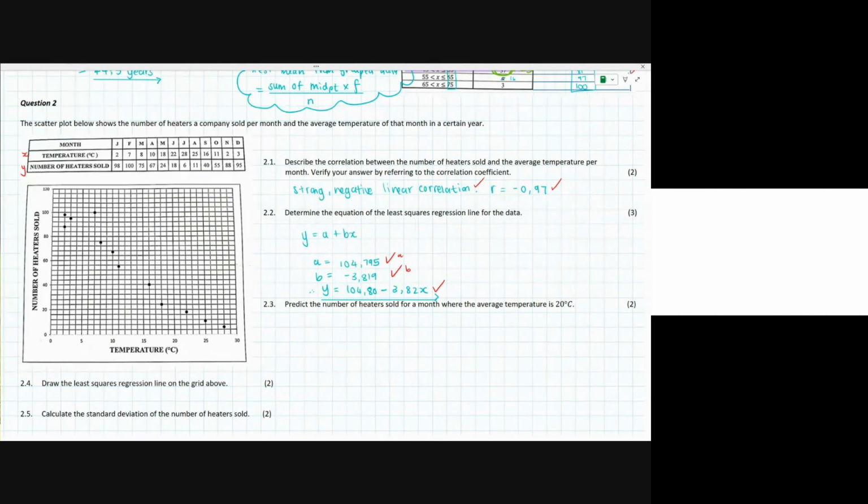Nice, guys. Okay, so all we do is we substitute into our equation we've just found for X. So substitute in 20 in place of X, and you get Y is equal to 28,4, which means that we're going to sell approximately 28 heaters. Remember, number of heaters, that is a discrete data value.